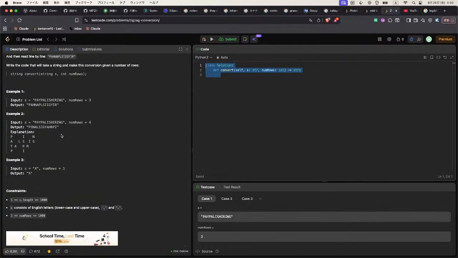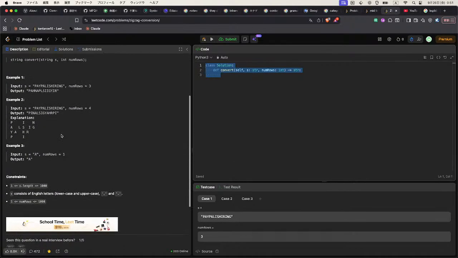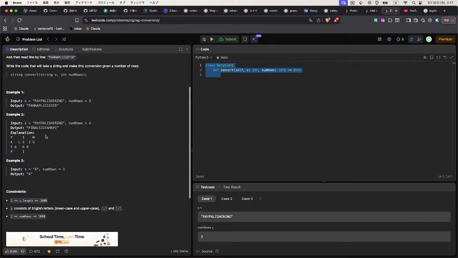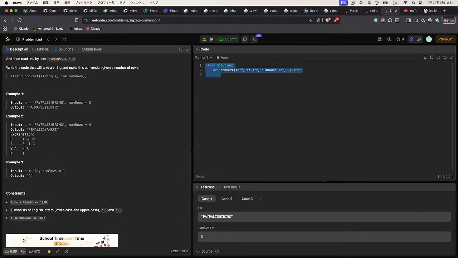So the idea that comes to my mind is to take number of rows minus 1 characters at first.